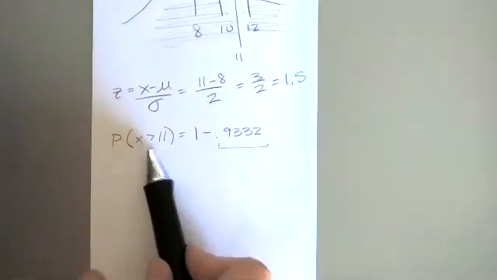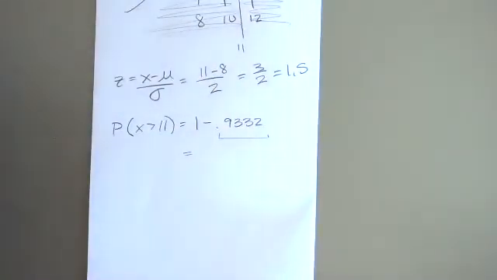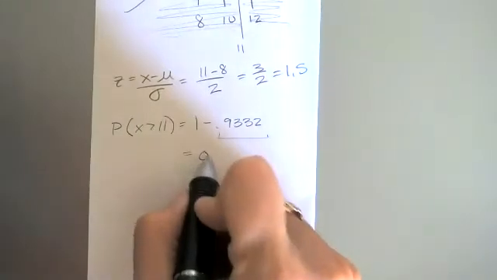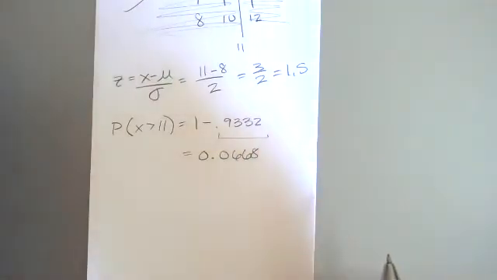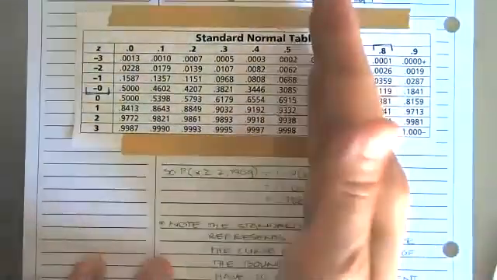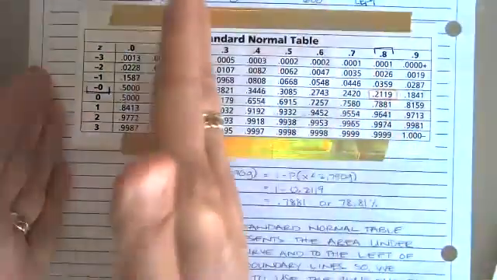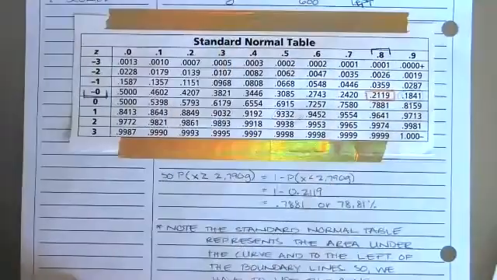Whenever you're trying to find whatever's to the right, then you want to find the complement, because the numbers in the table are to the left. So if you want something to the right of it, then you have to use the complement.